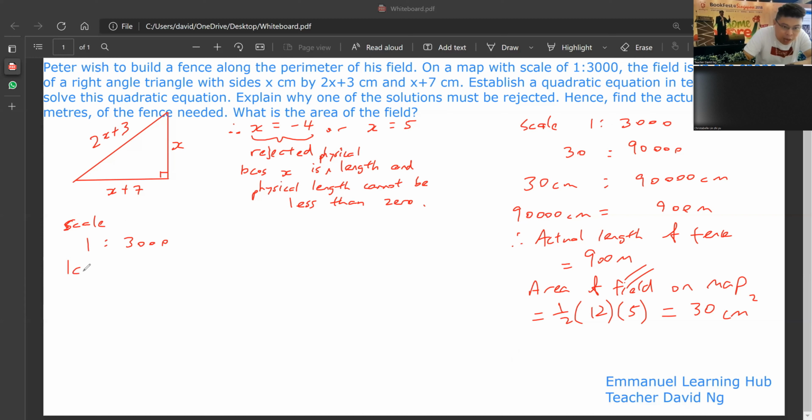That means 1 cm, correct, 1 cm is 3000 cm. Then cm square. 3 times 3, 9. How many 0? 6 0.